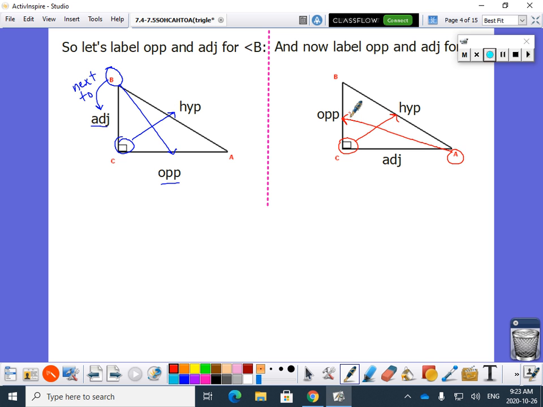And if we look to the side next to angle A, then that is the adjacent side.